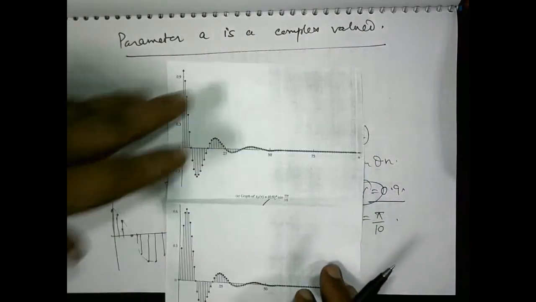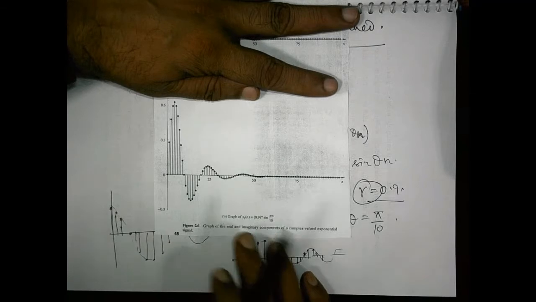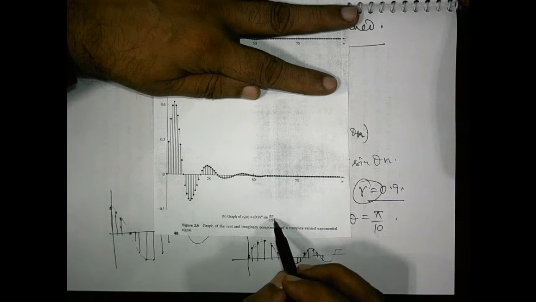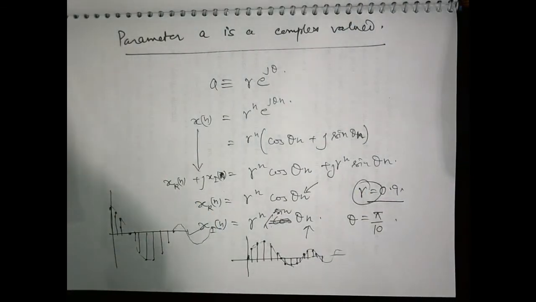Similarly, to obtain the plot for the imaginary part of the signal, you can plot 0.9 to the power n sin pi by 10 n, like this. So this way you can draw this signal, which is called an exponential signal.